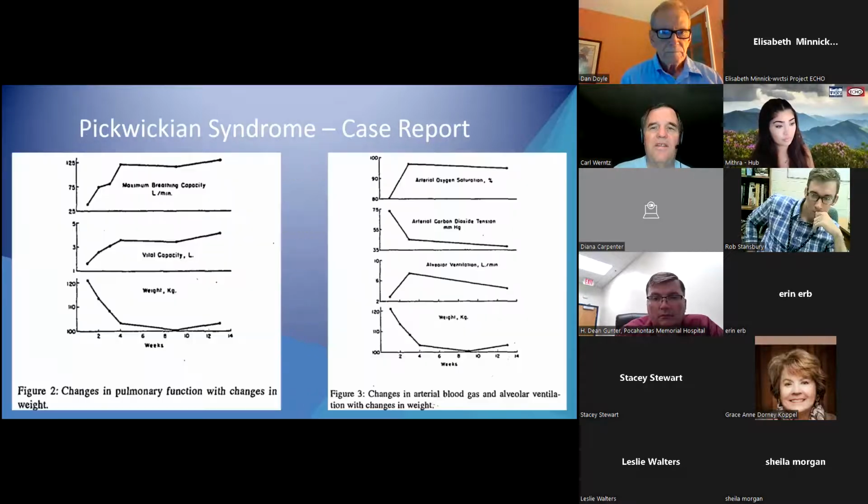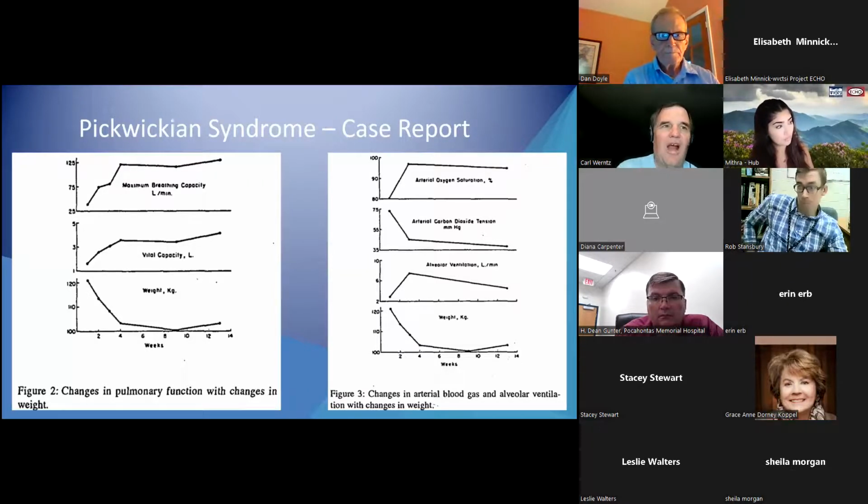So this is the data for this article, and you can see that from his initial admission, or at least week 1, there is a marked improvement in vital capacity, a decrease in weight, and an improvement in the maximum breathing capacity, which is I think what we would call TLC. The arterial oxygen saturation went up, the CO2 went down. These are big changes that occurred over a couple of weeks during weight loss.